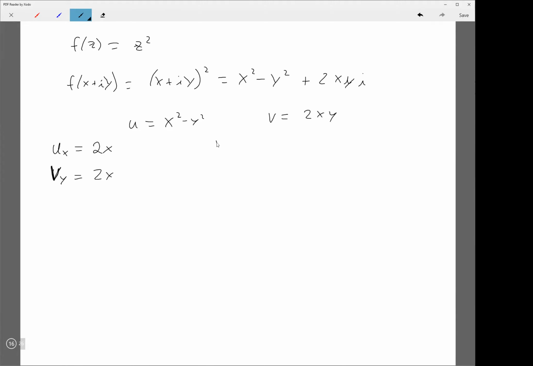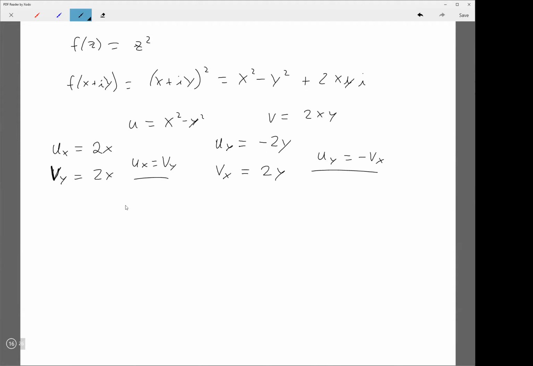What's u_y? Negative 2y. And then what's v_x? 2y. And so you have u_y equal to negative v_x, and you also have u_x equals v_y. So this is satisfied everywhere.